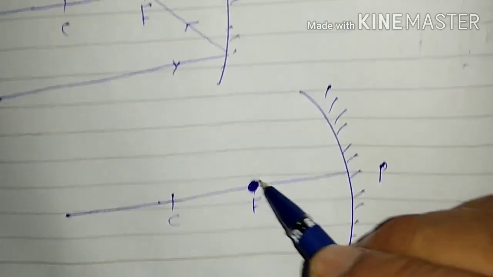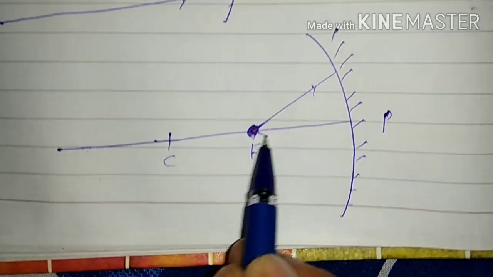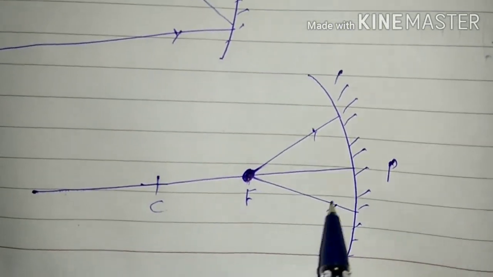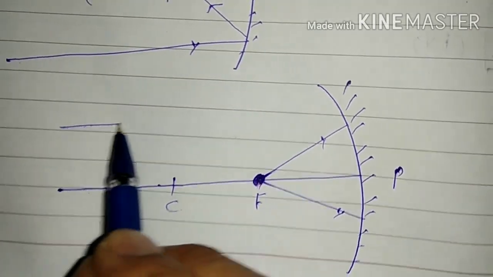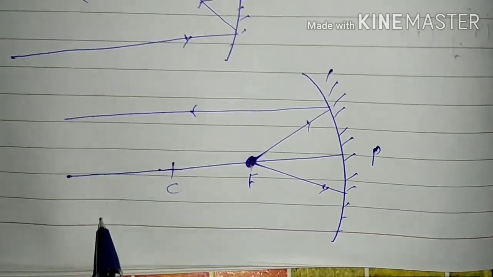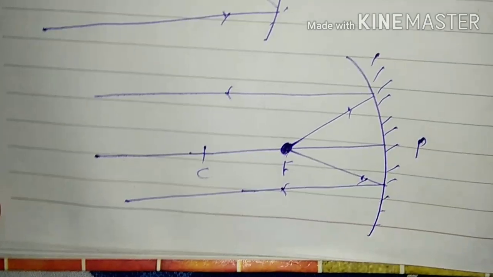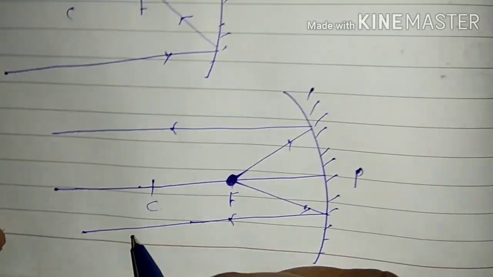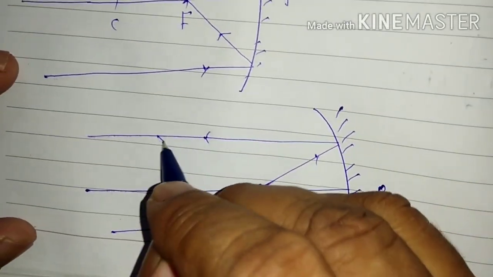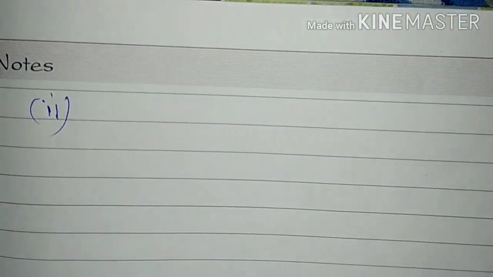Now rays of light incident at this reflector, whose nature is concave, become parallel to the principal axis. So this concave mirror gives us parallel rays of light, and these parallel rays of light are used with the help of these devices.